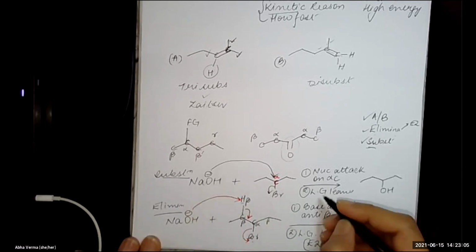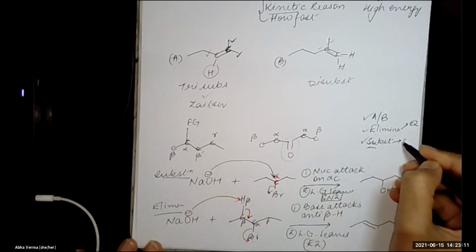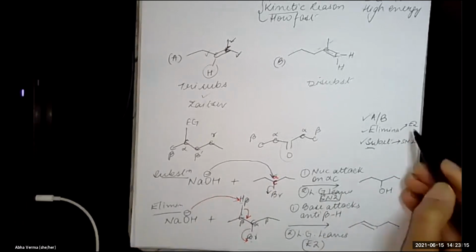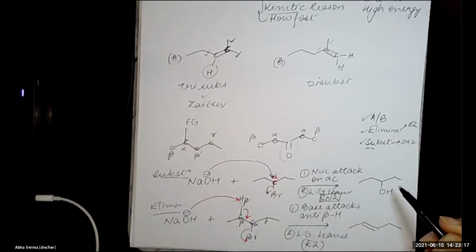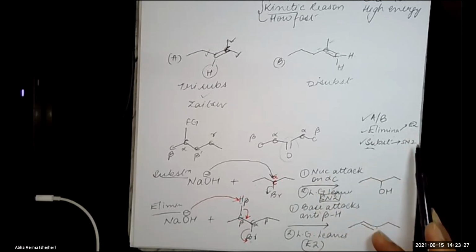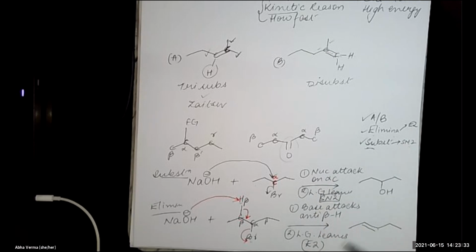This is the exact mechanism for SN2. In substitutions, SN2 takes privilege. If there is a competition between E2 and SN2, depending on what donor you have, do you have a nucleophile or do you have a base? That's what will decide if your E2 will be the major product or the SN2 will be the major product.